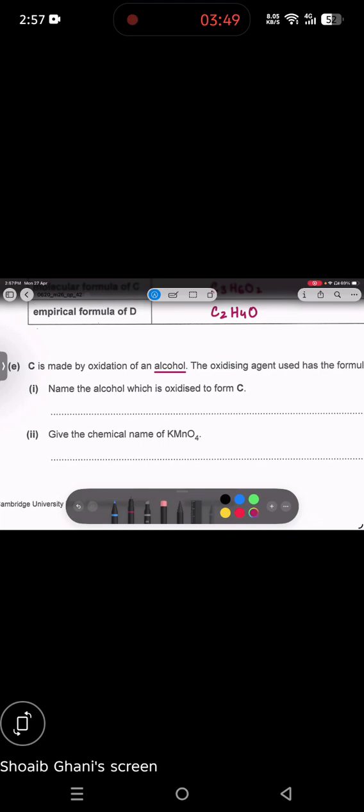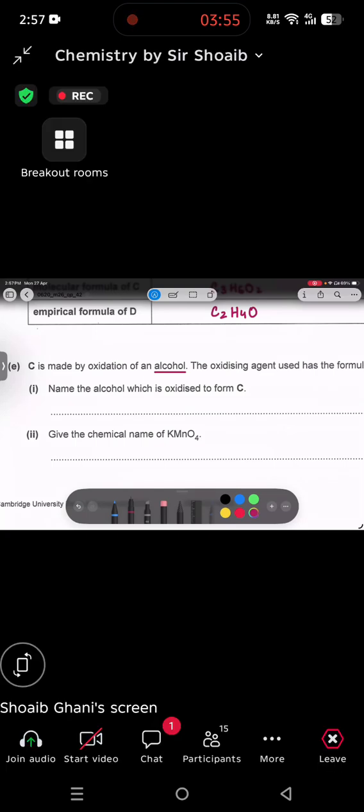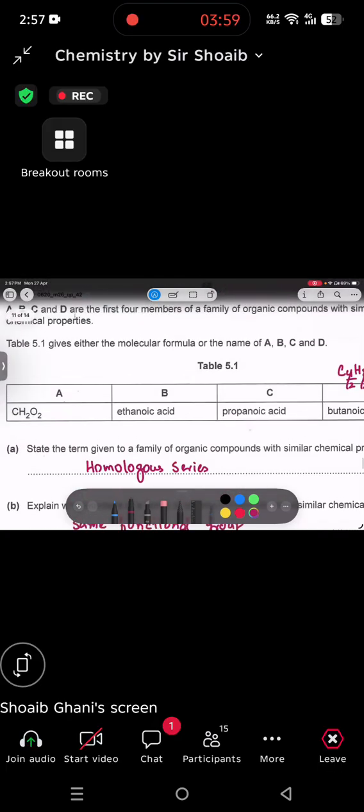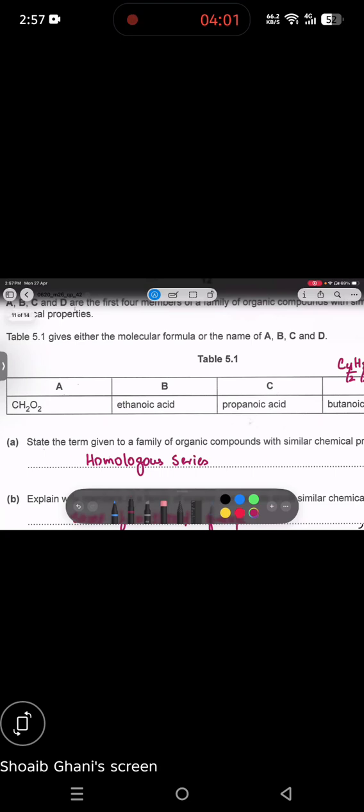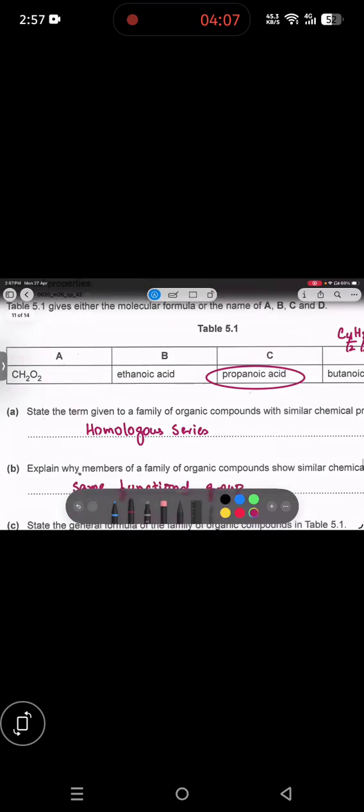Now, name the alcohol which is oxidized to form C. C is propanoic acid. So propanoic acid is formed by propanol. The answer here is propanol.